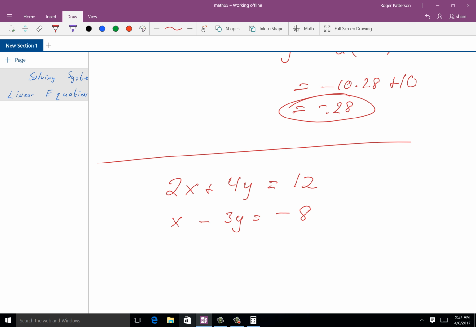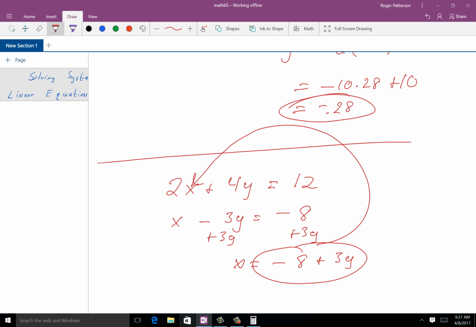We're going to have to do some division otherwise. So I'm just going to add the 3y over here, add the 3y here. Okay, so there's what I got. And what are we going to do with the 8 plus 3y? We're going to put that into there.